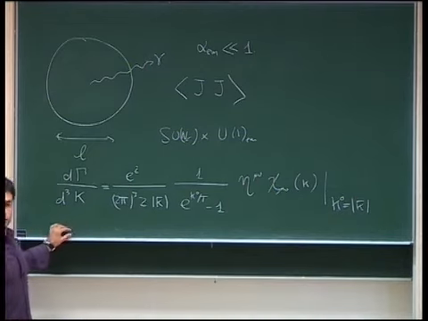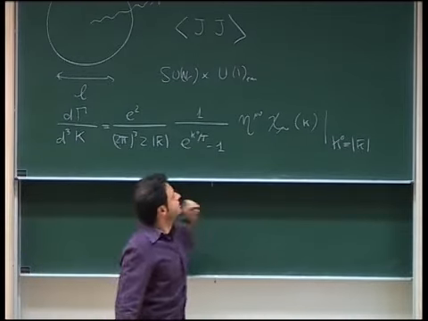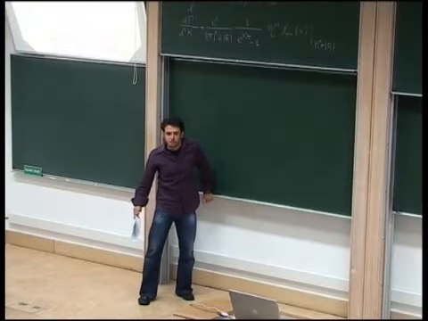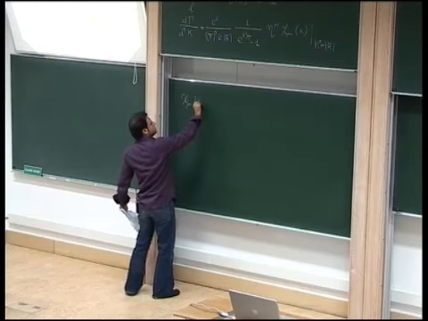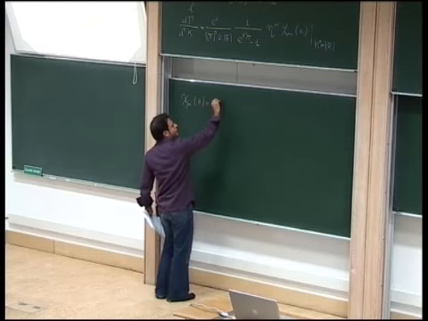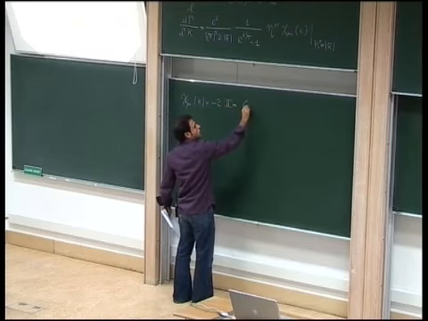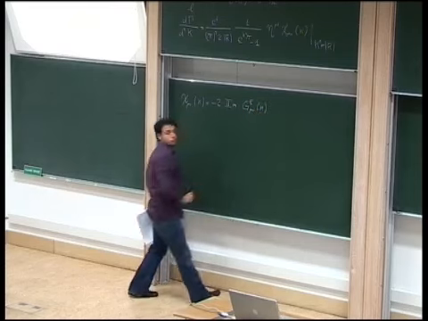So let me tell you what each object is here. This χ is the so-called spectral function of electromagnetic currents. So χ_{μν} is equal to minus 2 times the imaginary part of the retarded correlator, μν, of two electromagnetic currents.